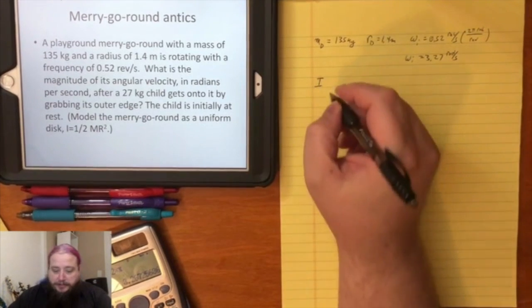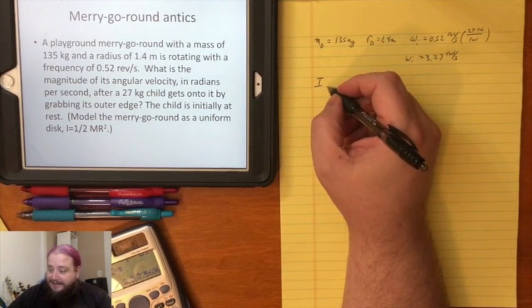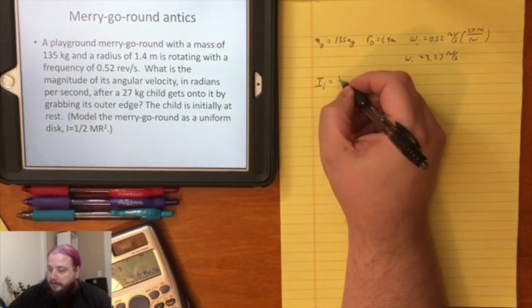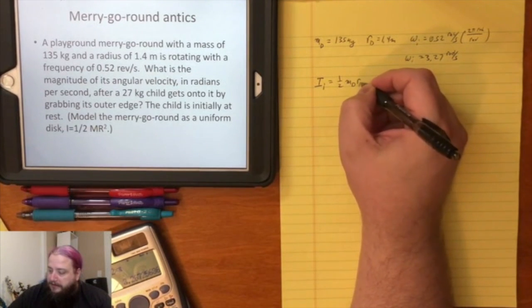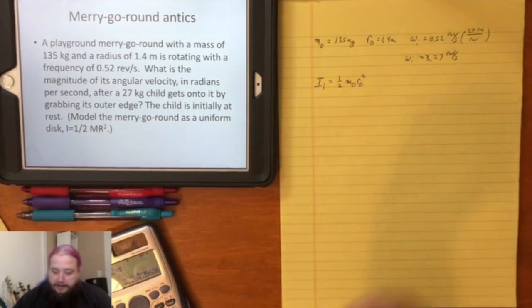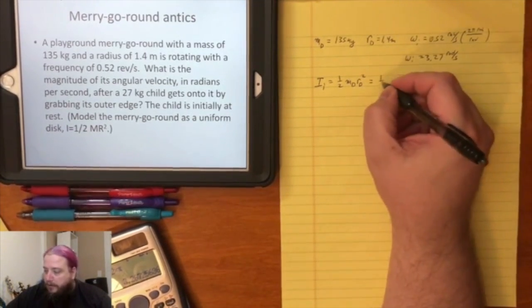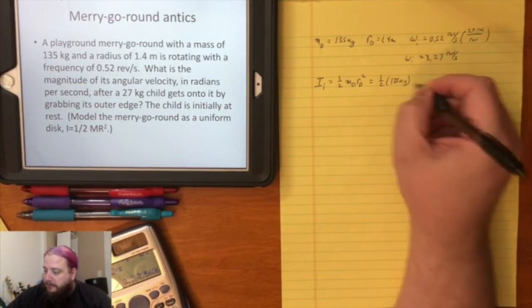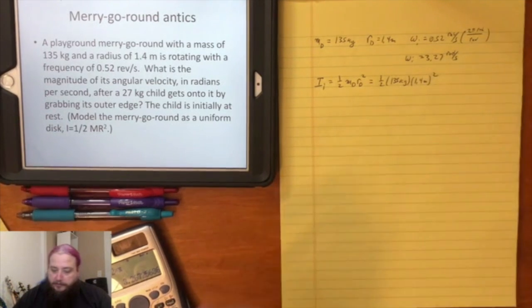Our initial rotational inertia, well, there's the inertia of the disk, which is 1/2 m of the disk times the radius of the disk squared. So that's 1/2 times 135 kilograms times 1.4 meters squared.